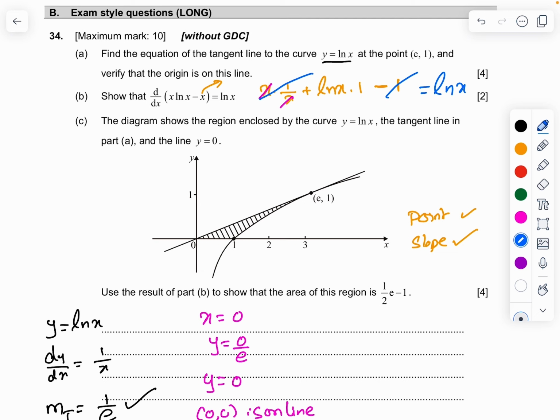So let the area be found. What am I supposed to do?